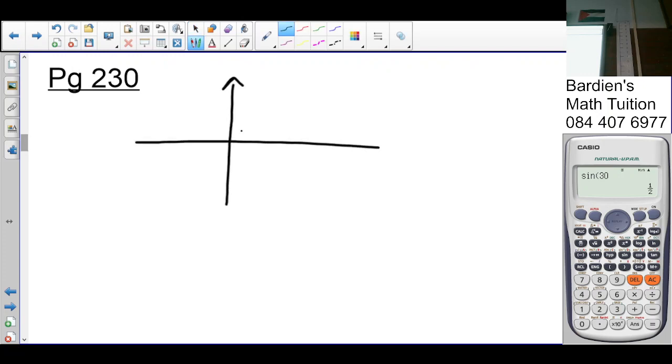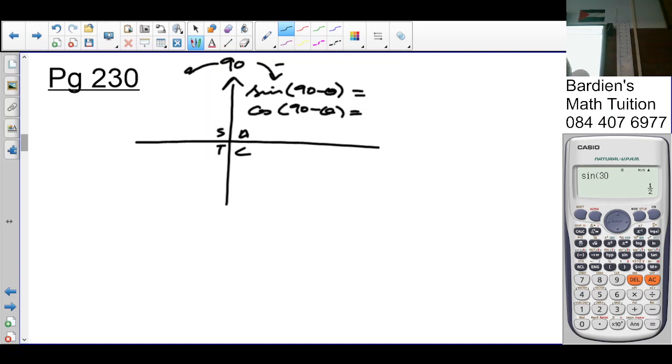So you got here again, all stations to... That's your 90 minus, 90 plus. That's all. So what is sine of 90 minus theta? What is cos of 90 minus theta? We said it earlier on. Sine of 90 minus theta is going to be cos of theta. And cos of 90 minus theta is sine theta.